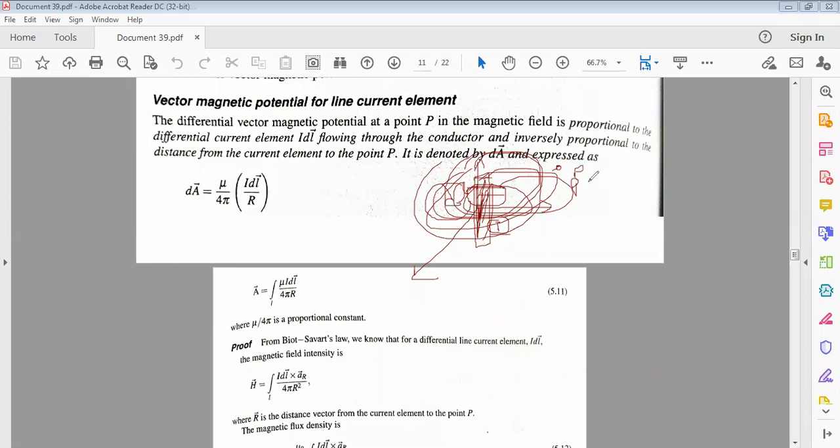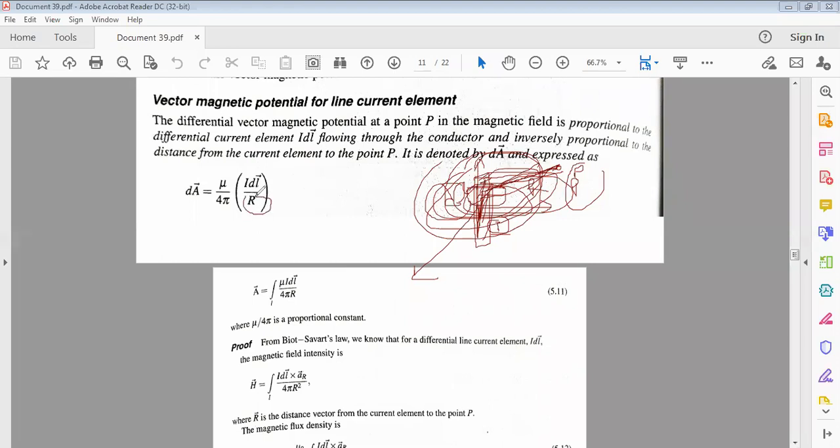So at this point P, simply a line joining this point. This is the statement described here. The differential vector magnetic potential in a magnetic field is proportional to IDL, the current passing through the differential current element, and inversely proportional to R, the distance at which point P, the observation point, is located.